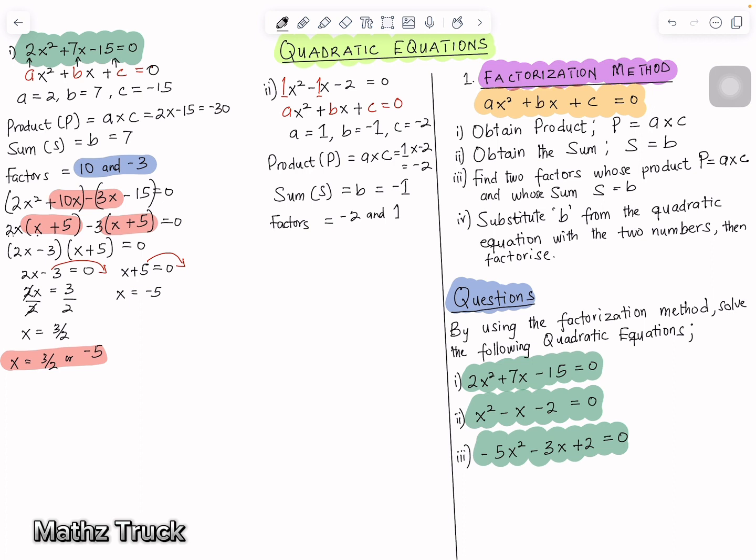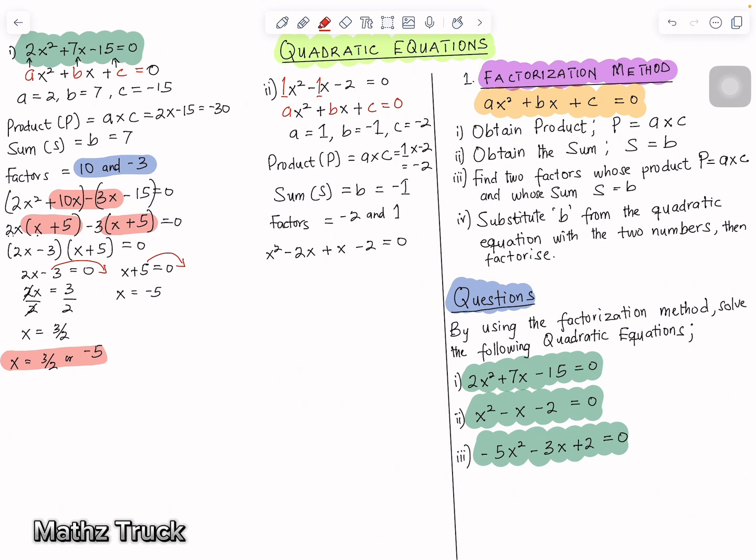Now, substituting this into the expression, we will get x squared minus 2x plus x minus 2 equals 0. Remember, these expressions are what we have.